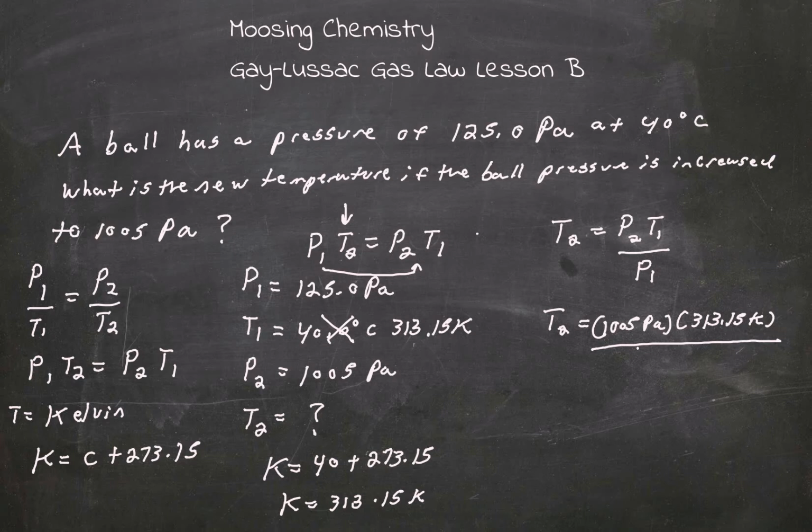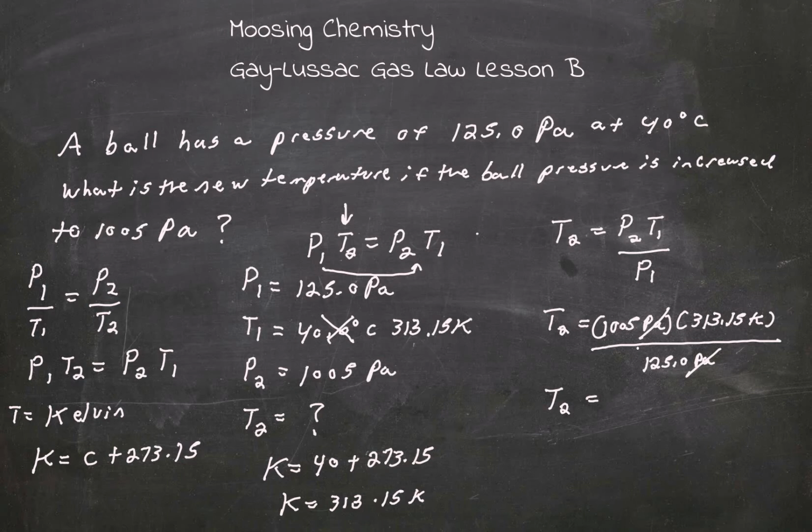And our first pressure was 125.0 Pa. We cancel our pascals. That's going to leave our temperature left over. So we just plug these numbers into the calculator, or you can use paper, however you want to do it.